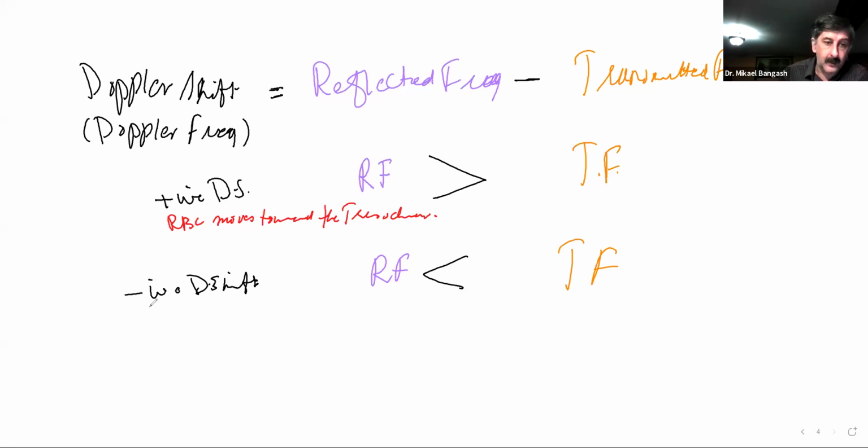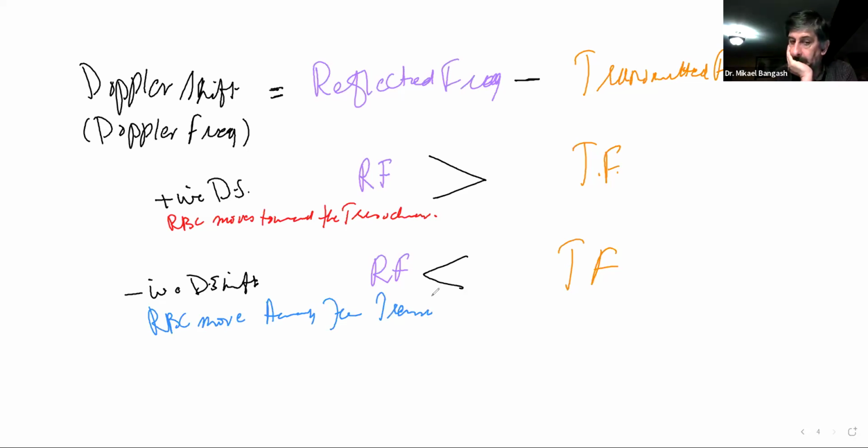That mainly meant that the red blood cells move away from the transducer. Did you guys get that?